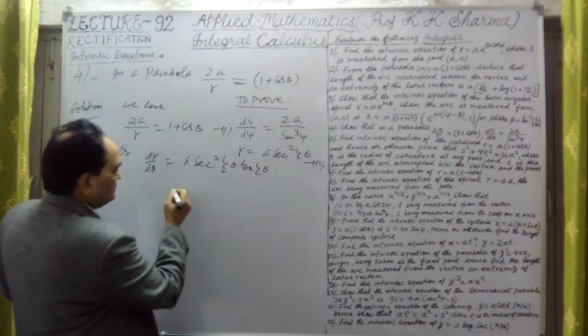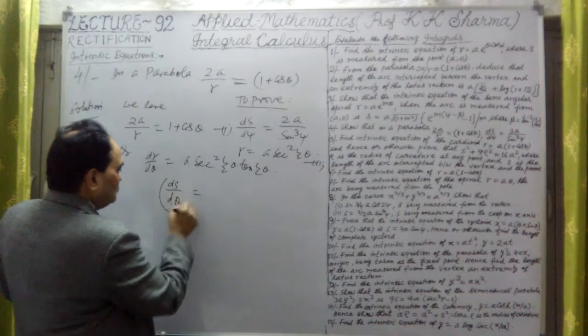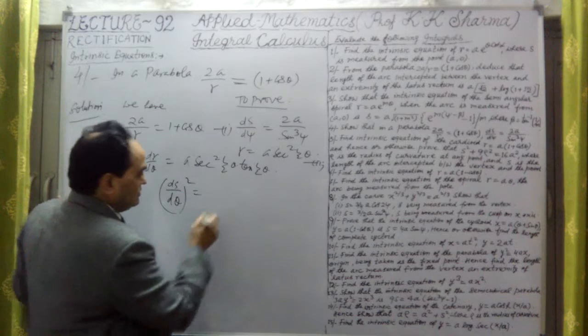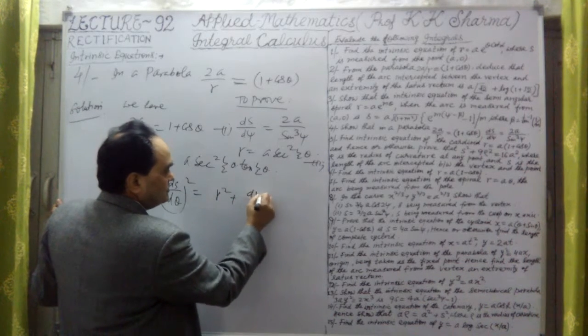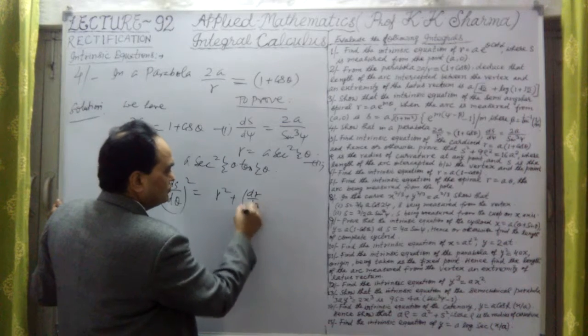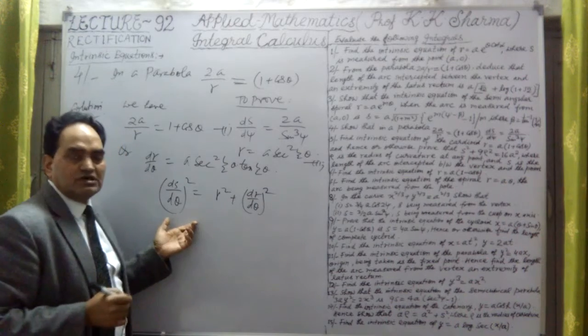But ds d theta, we know, whole square is equal to r square plus dr d theta square. This we know from the length of the arc formula.